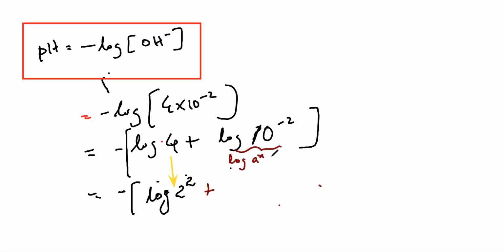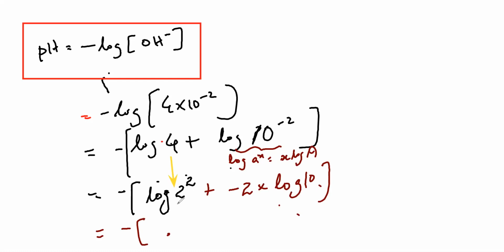Log of A power X can be written as X log A. So minus 2 into log 10. This is nothing but minus of 2 into log 2.